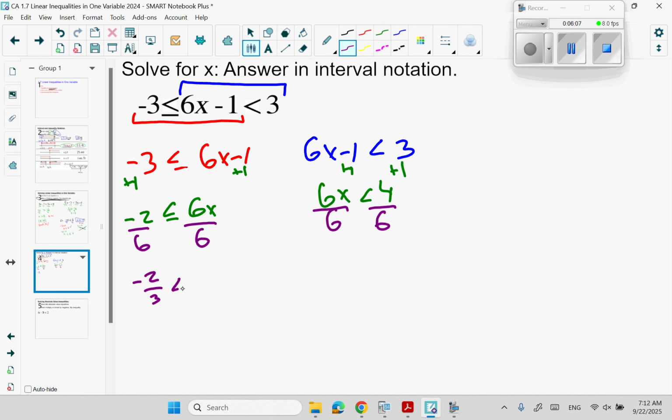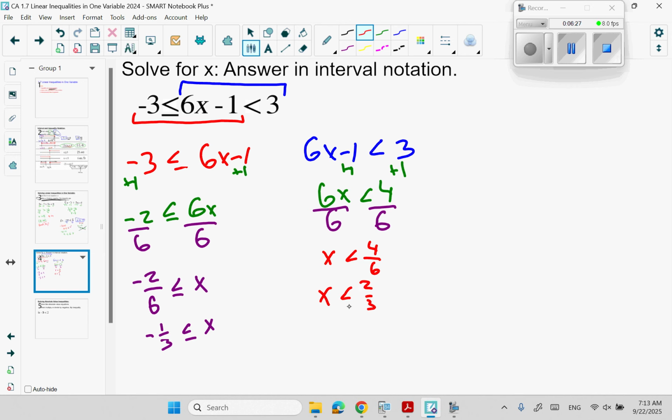Negative 2/6 less than or equal to x, which turns into negative 1/3 less than or equal to x. Here we would get x less than 4/6, or x is less than 2/3.